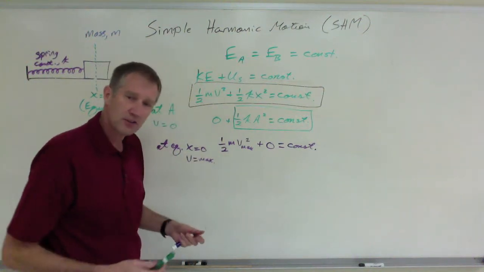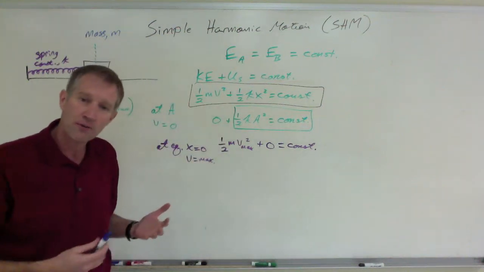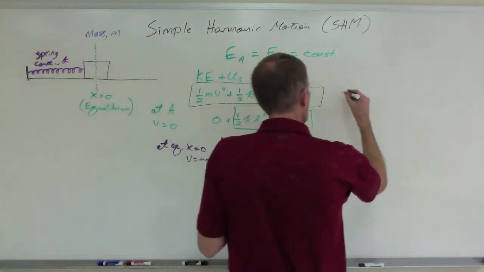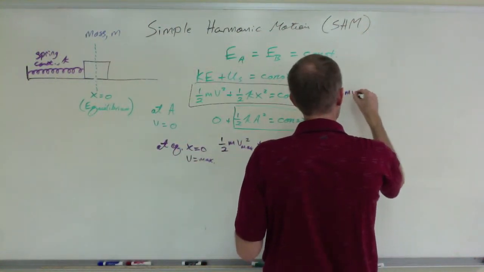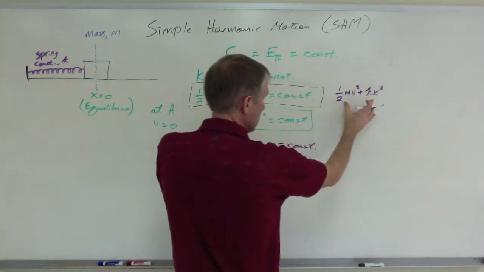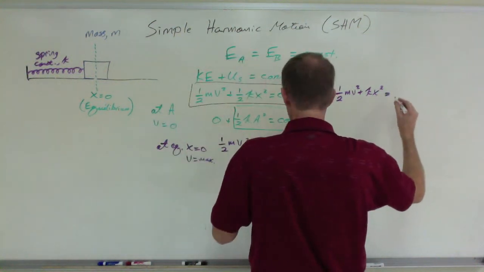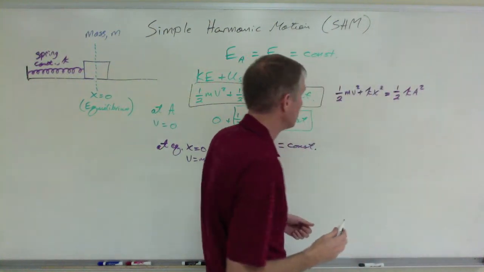So depending on the situation that you're given, you set up the energy equation and then solve for the unknown variable. So just generically, you have 1/2 mv squared plus 1/2 kx squared, that's at any position, equals 1/2 kA squared when it's at amplitude.